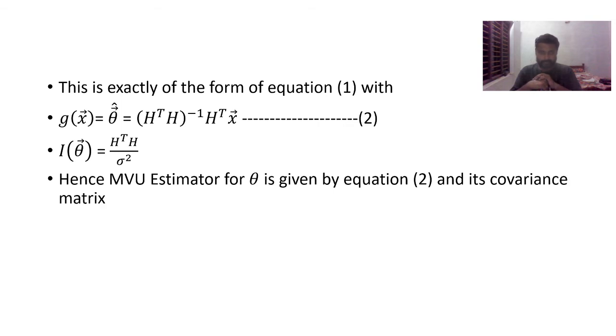covariance of vector theta cap, take it as capital C, where C indicates the covariance, is nothing but I inverse of theta, which is sigma square times h transpose h inverse.